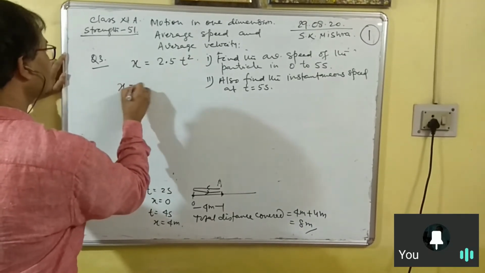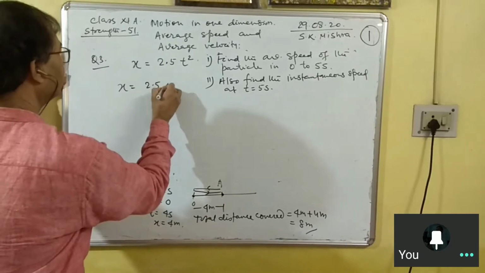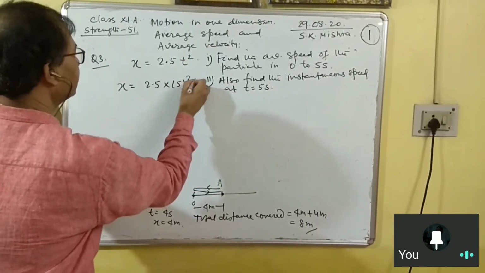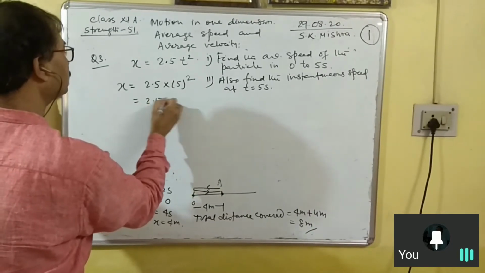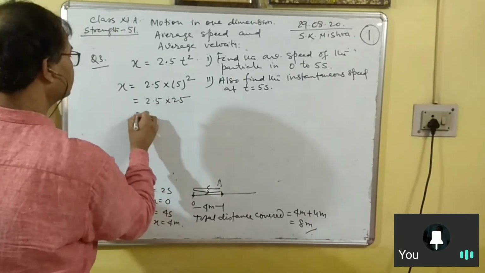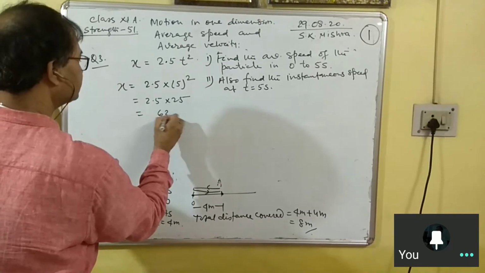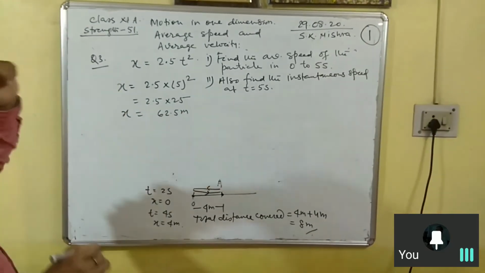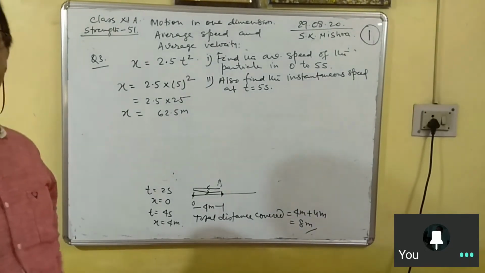So, x is equal to 2.5 into 25. So, how much is it? 62.5 meter is the distance covered by the particle within 0 to 5 seconds.